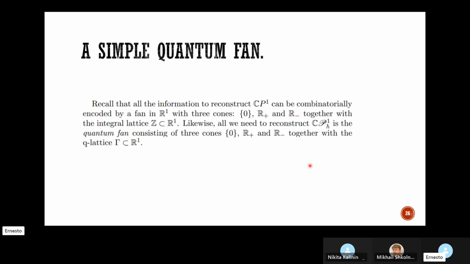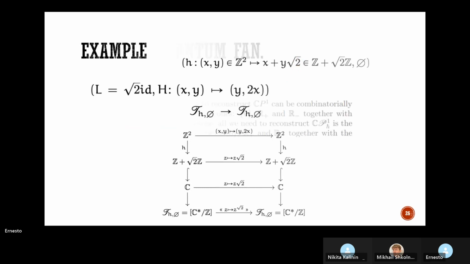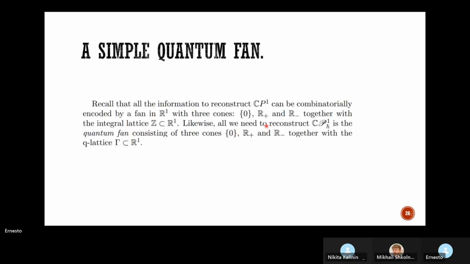But of course, now I can move this number. Now I can move this number and I can move this diagram as I move this number. No problem. I could get a moduli space of projective lines.